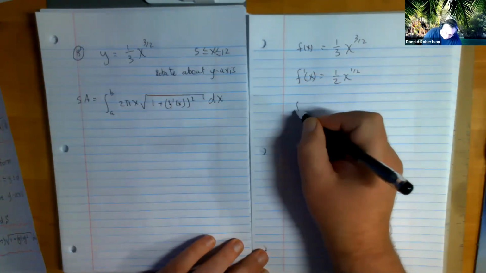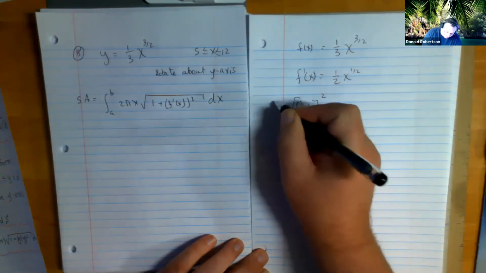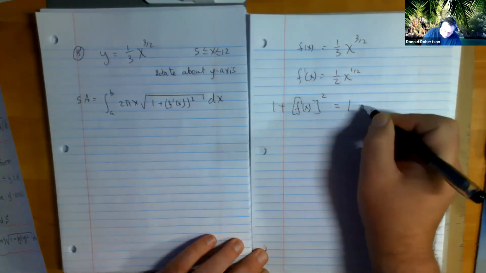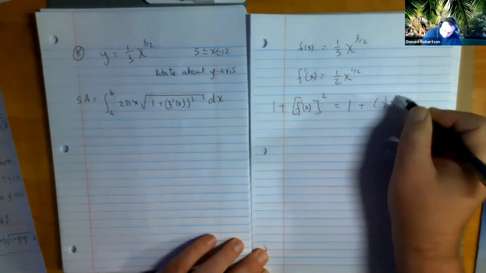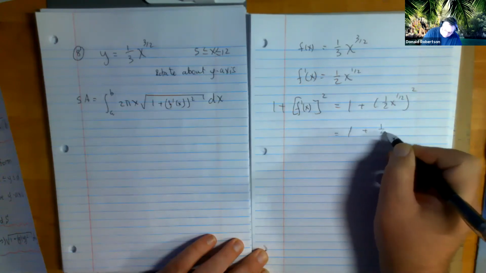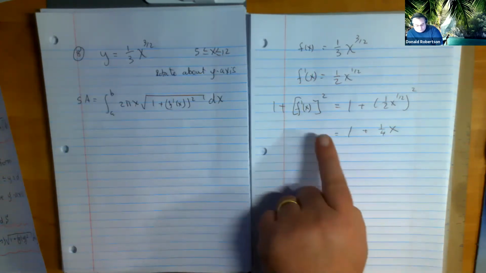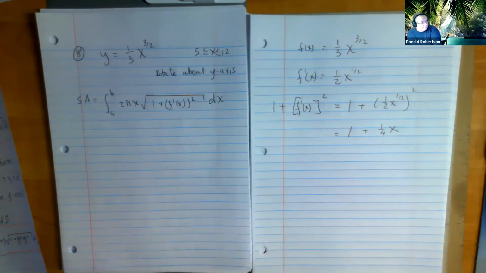Now, if you differentiate this fella, and you now square it and add 1, are you okay with that? Are we good?